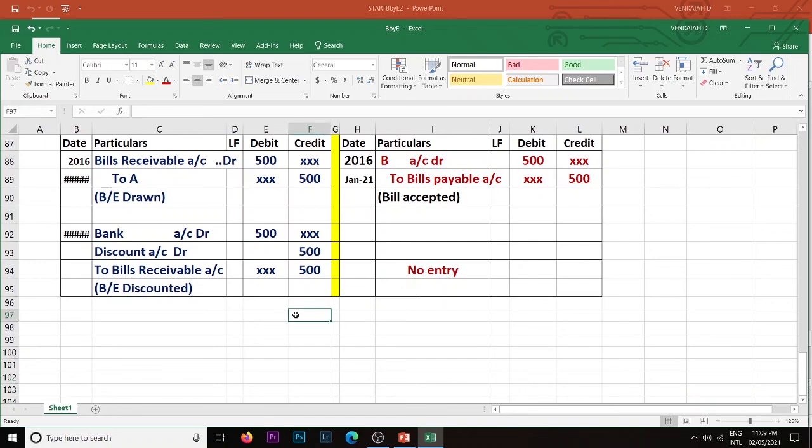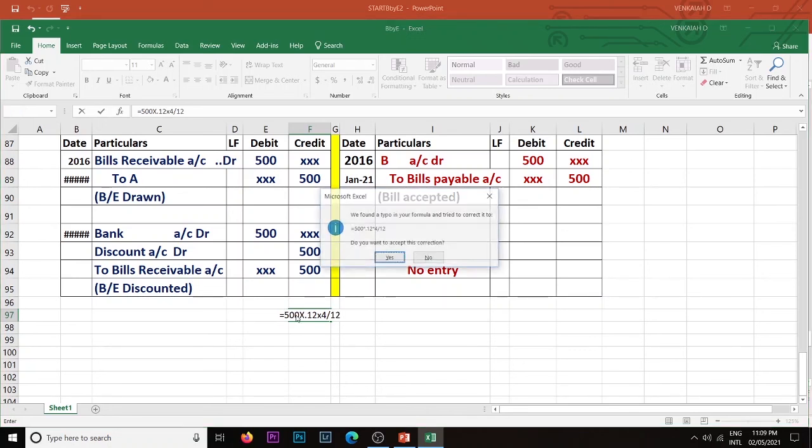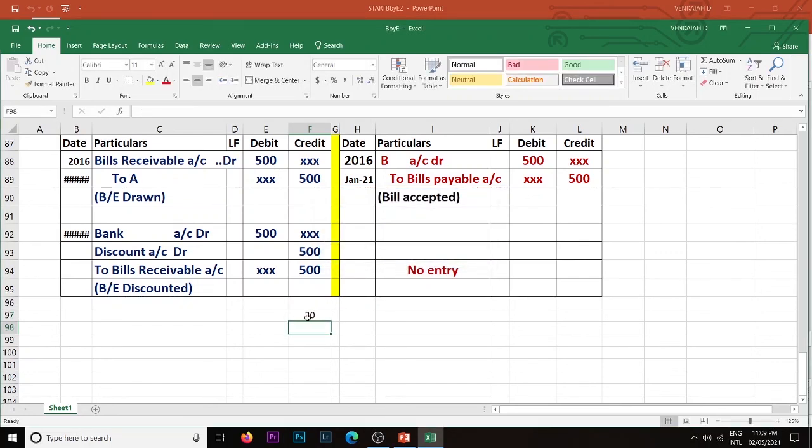1000 into 12%, 0.12, into 4 by 12. That is 40 rupees.